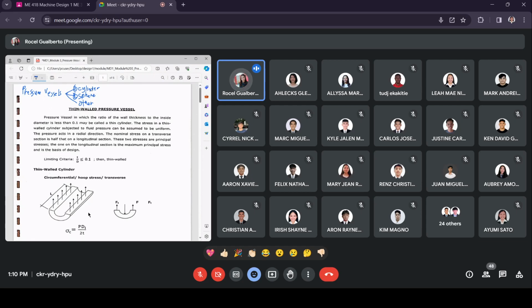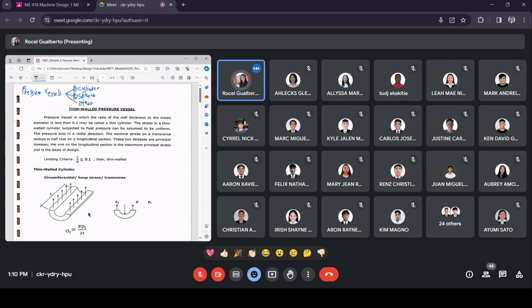The cylinder is more space saving than the sphere. If you are to increase the volume capacity of the vessel, it is much more advisable to use the cylinder.